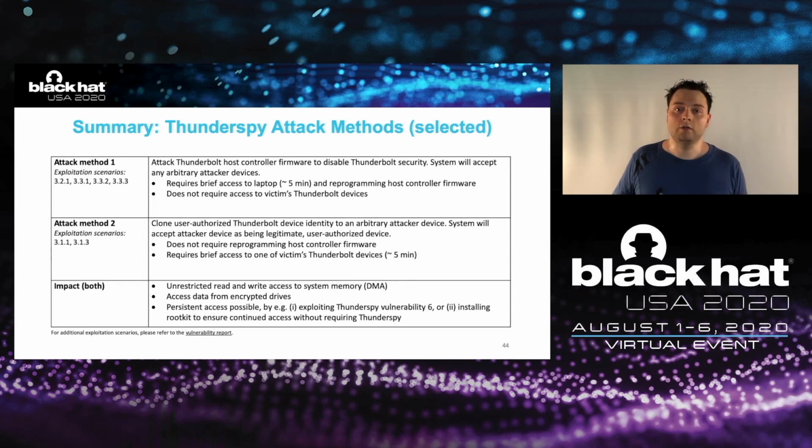Attack method 2 is kind of the inverse, so it does not require reprogramming the host controller firmware, but it only requires 5 minutes of physical access to one of the victim's Thunderbolt devices. So the impact for both is really much the same: you get unrestricted read and write memory access. You can access data from encrypted drives, and to enable persistent access you can exploit vulnerability 6, or you can install a rootkit to remove the dependency on Thunderspy altogether.